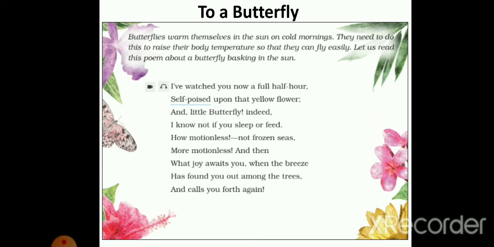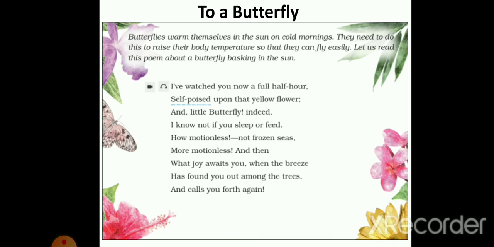The poet was attracted to the stillness of the butterfly, which made the insect appear more motionless to the poet than the frozen seas where no activity can be detected. So here the poet was saying that the way the butterfly was sitting on the yellow flower, he's comparing it to the frozen seas where you cannot detect any kind of activities.